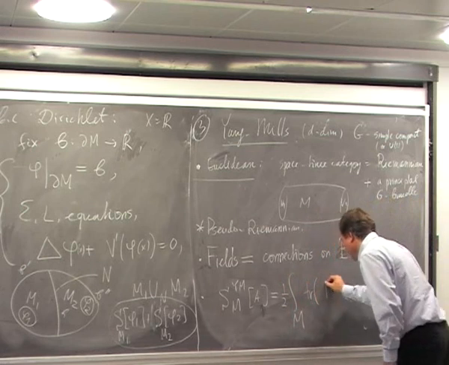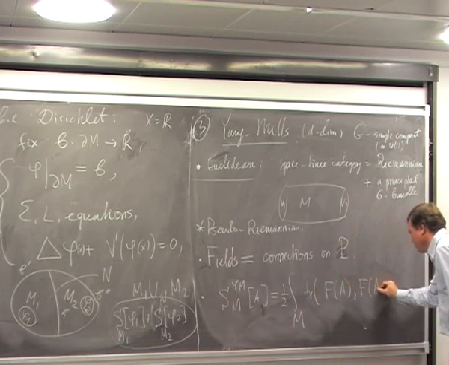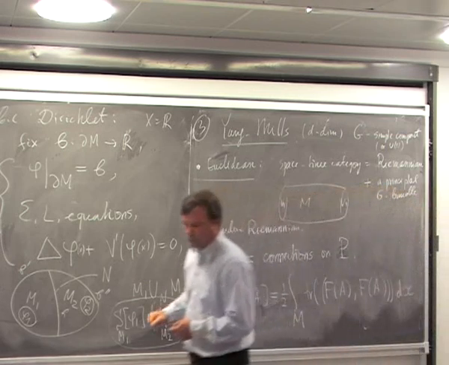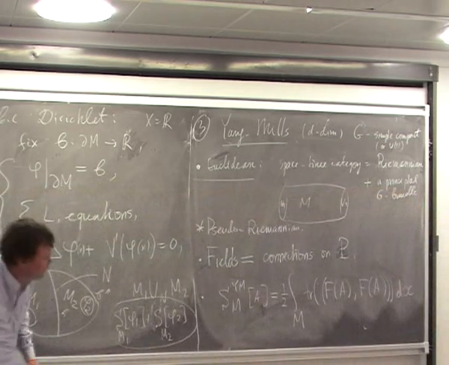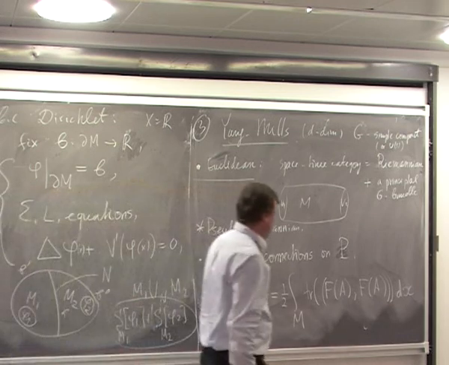It's the trace F of A dx. Also known as the norm squared of the curvature.